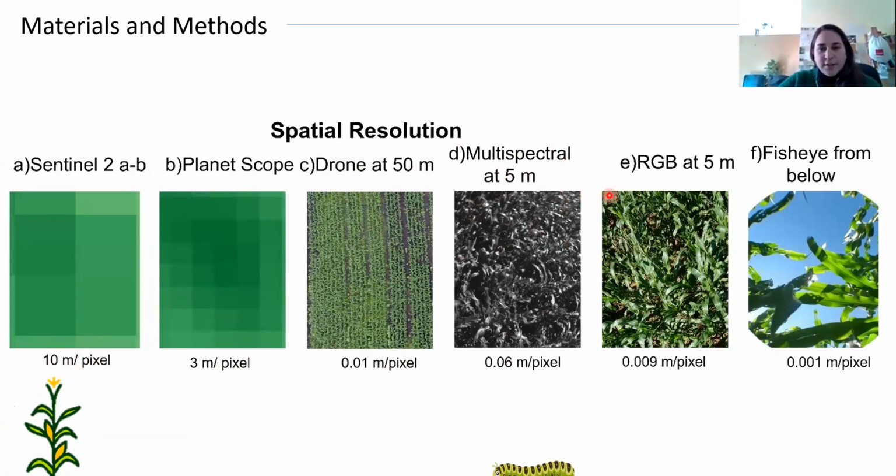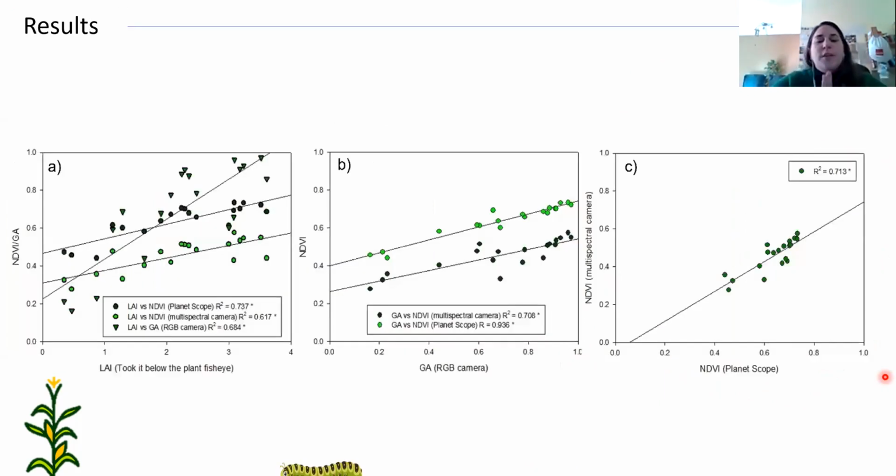The multispectral camera at 5 meters is 0.06 meters per pixel, and RGB is higher resolution, 0.009 meters per pixel, and the fish eye from below is 0.001 meters per pixel.